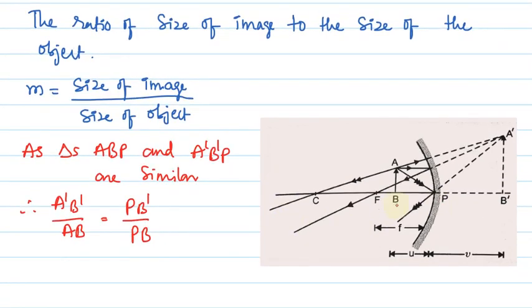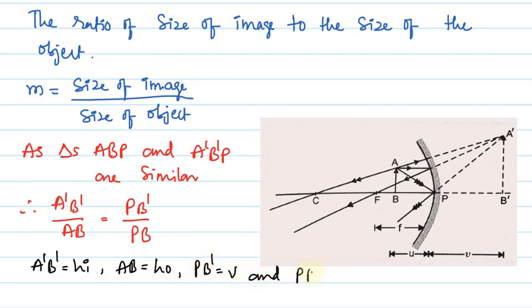Here PB is object distance, that is u. PB prime is image distance, that is v. AB is height of object. A prime B prime is height of image. So let us represent those terms. A prime B prime is HI. AB is HO. PB prime is image distance and PB is object distance.